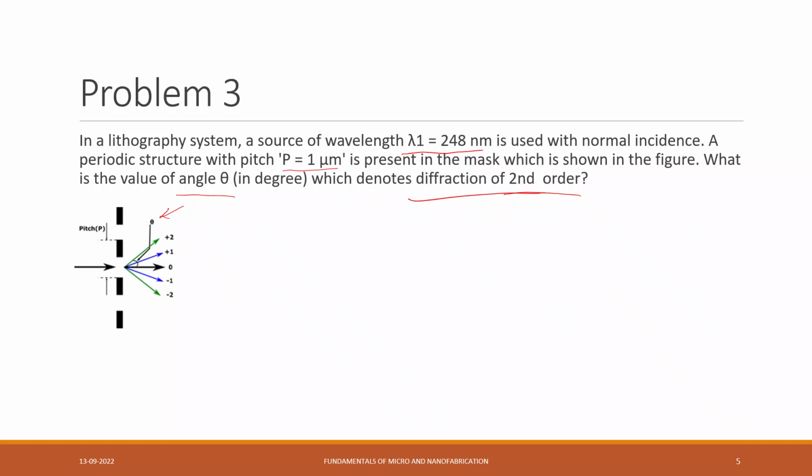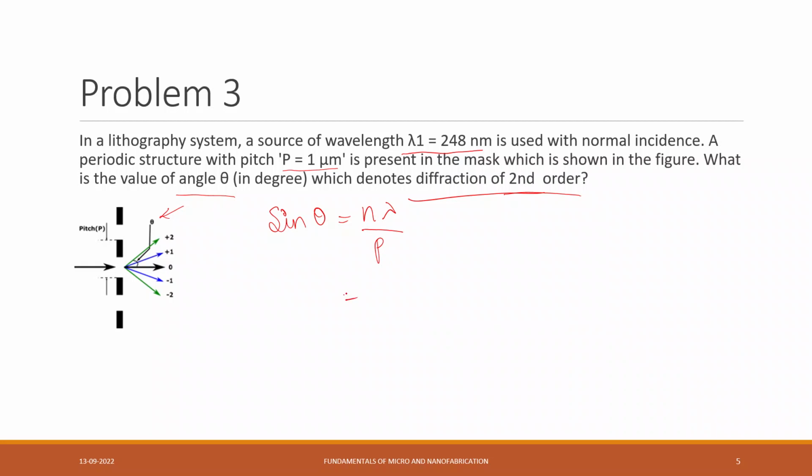Okay, it's given that lambda equal to 248 and p equal to 1 micron. So 1 micron is 1000 nanometer. The relation is sine theta equal to n into lambda by p, where n is the order, lambda is the wavelength, and p is the pitch.